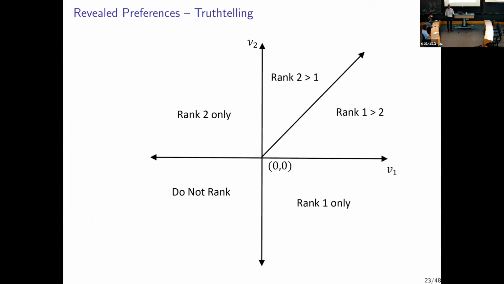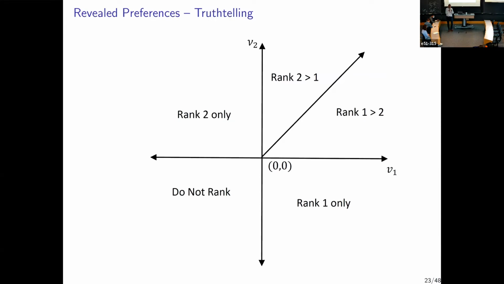That's what I'm going to talk about now. Now suppose that you do see what people report to the mechanism. Now it's much more interesting because you have strictly more information: you see not only where they ended up, but what were their first choices or second choices or third choices and so forth.